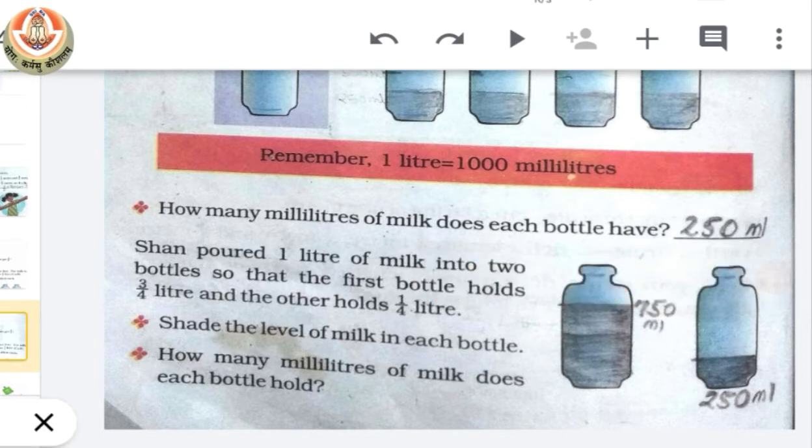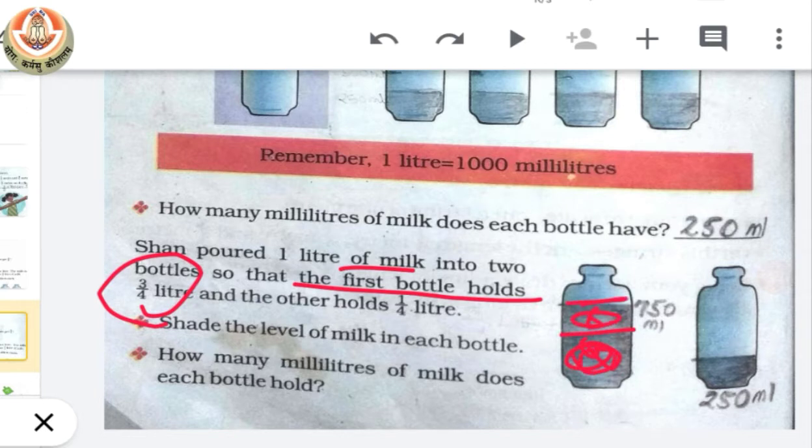Now the next question is, Shan poured 1 liter of milk into 2 bottles so that the first bottle holds 3 by 4th. 3 by 4th means half and 1 by 4th. So you can see here the way we poured 3 by 4th in the first bottle, half and then half of half.